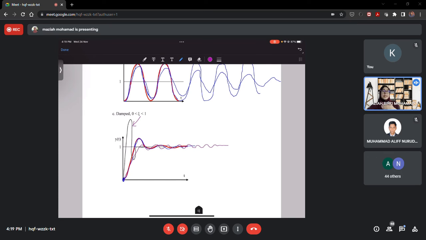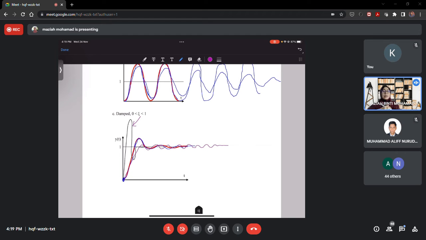Or some systems may require a small overshoot due to the limitation of the system. The system cannot exceed some value, so it requires a small overshoot, but it is okay if it takes longer to settle. So the requirement will be based on the system.